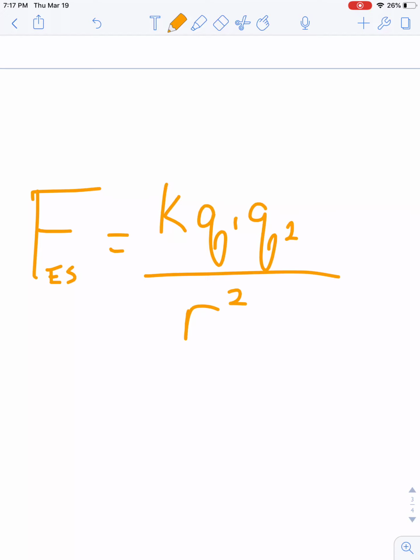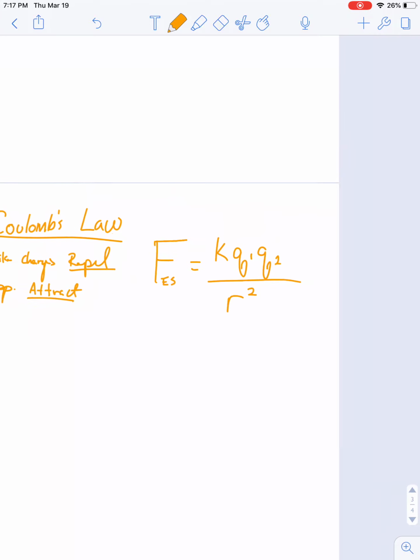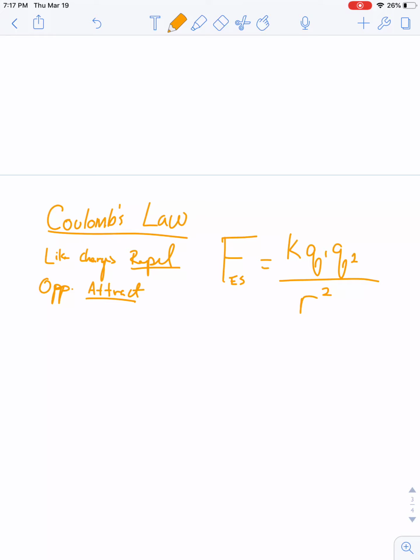The further they get, the much more decrease you will observe in the force. Vice versa, if they get closer, that force is going to dramatically increase as well. So if the radius decreases, the force is going to get much stronger.